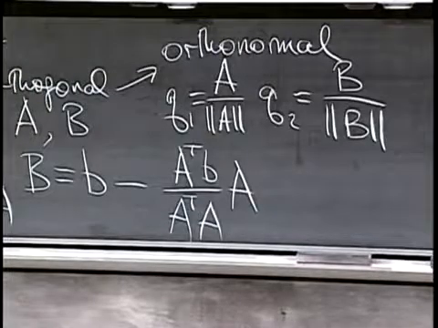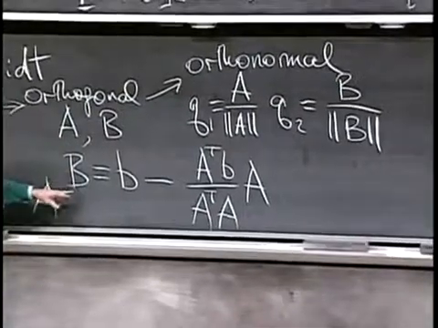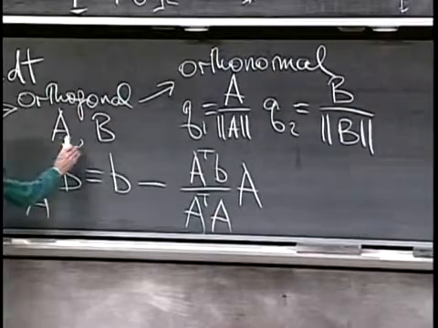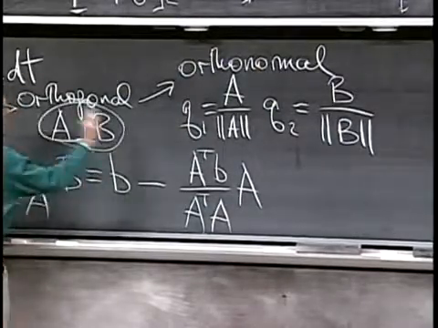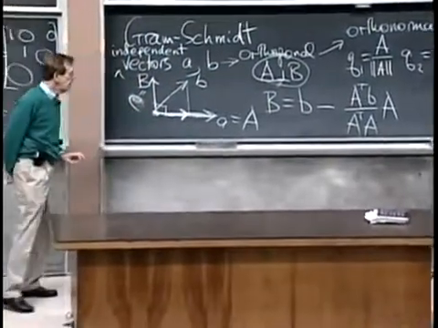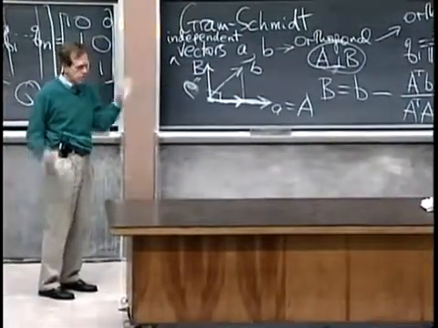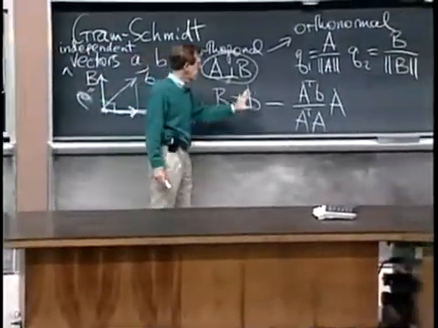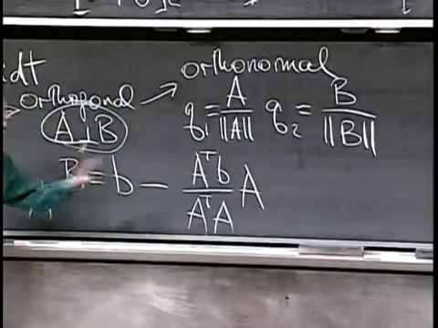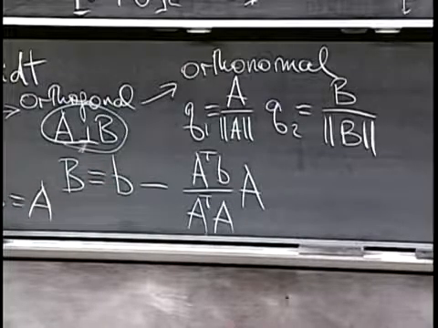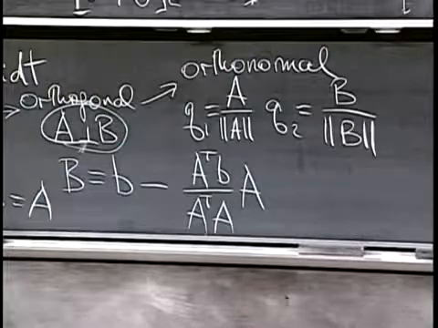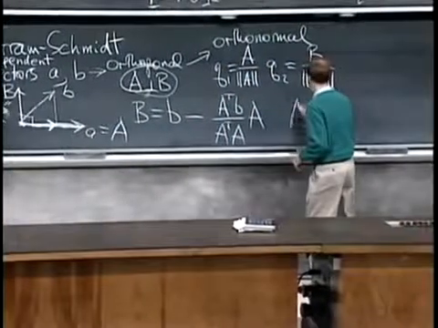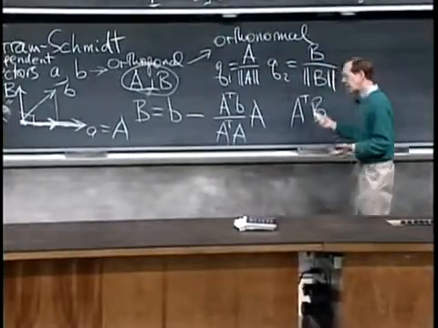So let's just see that. What am I saying here? I'm saying that this vector B is perpendicular to A. That these are orthogonal. Can you check that? Yes, of course, our picture is telling us we did it right. How would I check that this is perpendicular to A? I would multiply by A transpose, and I better get 0. A transpose B should come out 0.